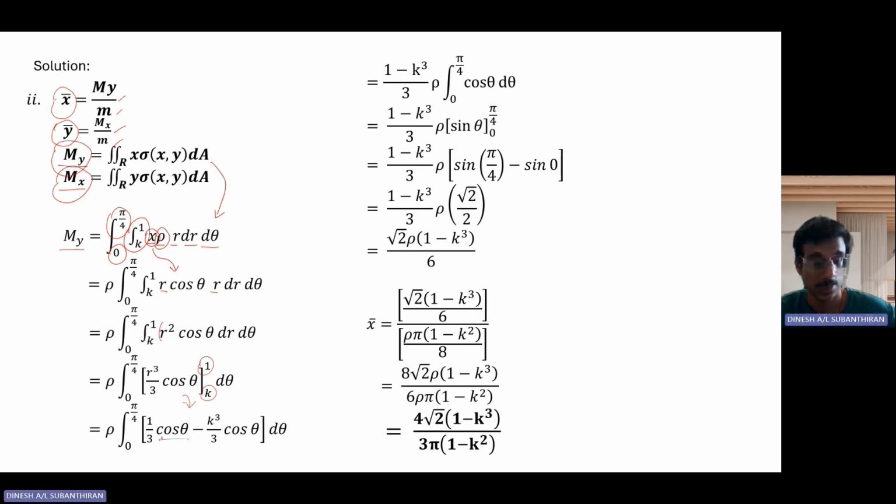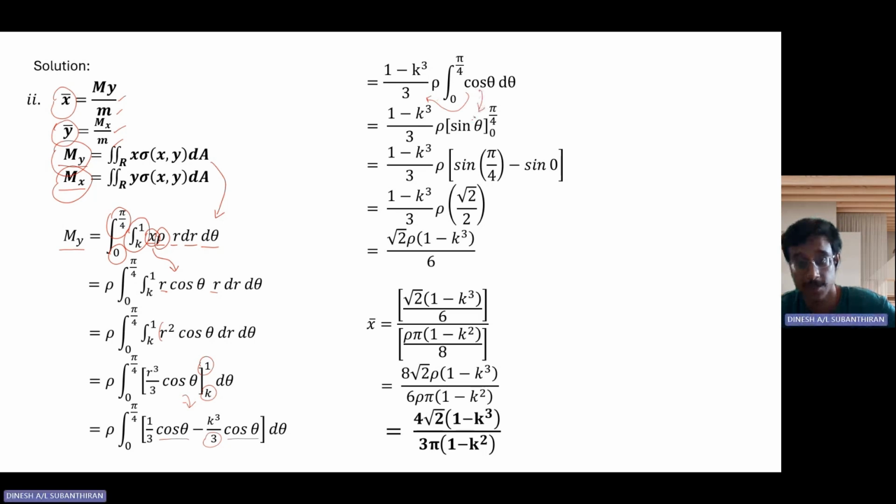Now we can see that there's cos θ on both sides, so we can separate it from 1/3 and k³/3. And (1 − k³)/3 will be taken outside of the integral because it is not involved in the second integration.